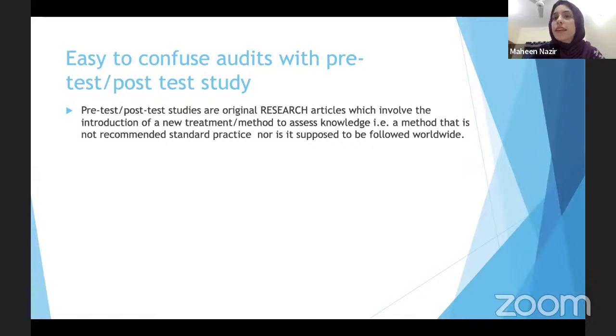Then you educate these students, you train them. For example, in emergency management, you increase the duration of their emergency medicine rotation. And then you again apply the questionnaire to assess whether the knowledge has improved or not. So this is not an audit. This is a pre-test, post-test study. And this is a research article, or an original article, because it does not involve an already set guideline recommended by some governmental body.